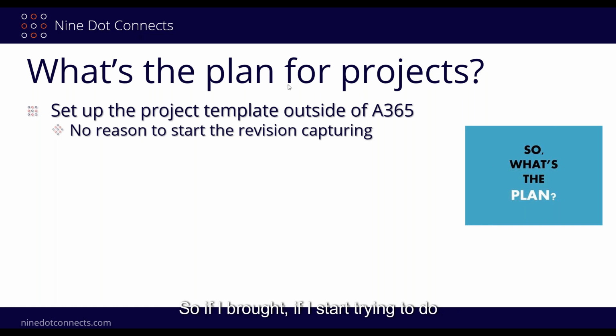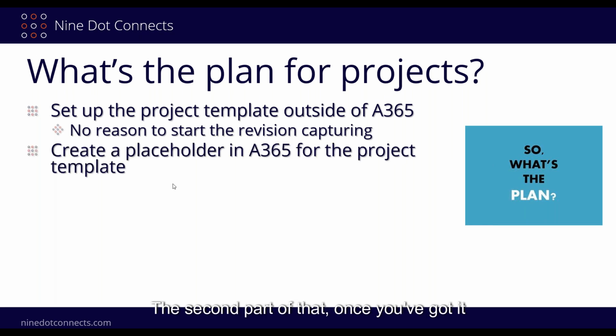So if I start trying to do this project in Altium 365 and I make 20 updates to it, then I'm just creating a lot of clutter. And yeah, I can delete those, but it's just better to start it outside so you're not having to deal with formatting issues or other hassles associated with data management within A365. The second part of that, once you've got it up here, you want to create a placeholder in A365 for the project template.